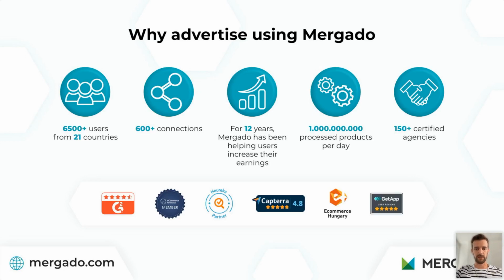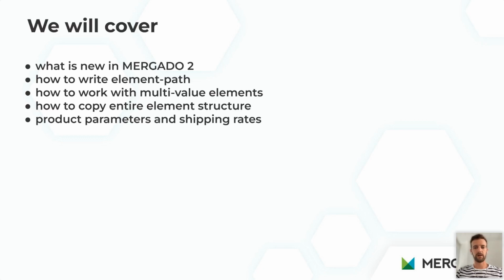All right, let's continue. We will cover today basically an introduction into what is MERGADO 2, what are the key differences between version 1 and version 2, but we will stick most of the time to MERGADO 2 and all the features. I will explain how to write element path, basically explain what it is, how to use it, because this is the key new feature in MERGADO 2.